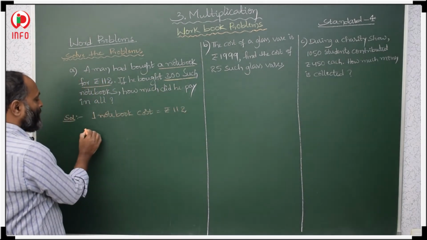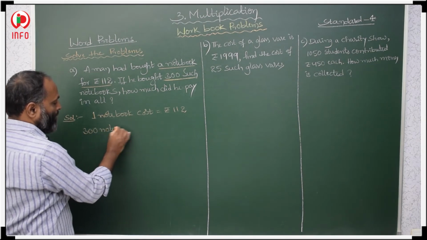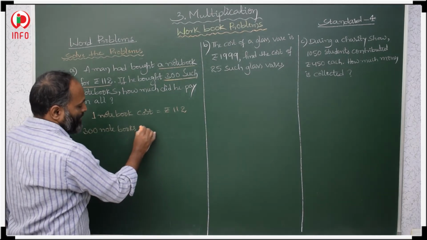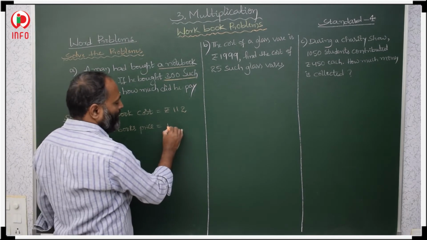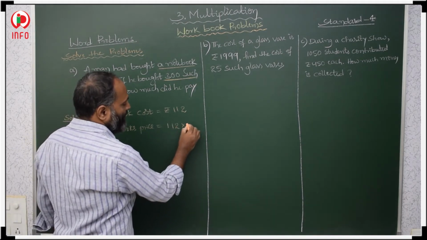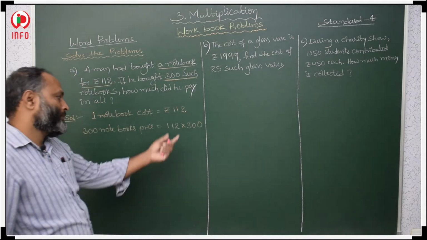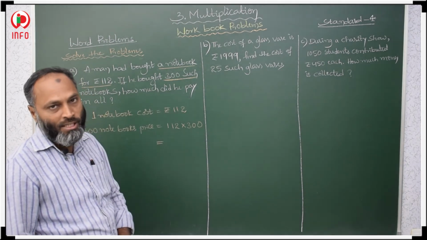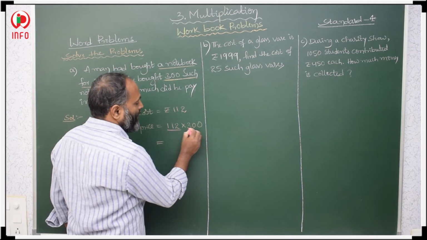Next, what do we have to find? 300 notebooks cost, price or cost is equal to, so we have to multiply 112 with 300. So how to multiply when 100, 200, 300, 400 is given? It is very easy, no? So we have to multiply 112 with 3.